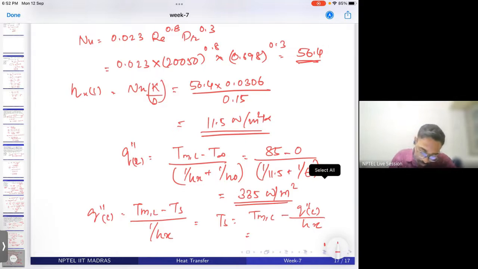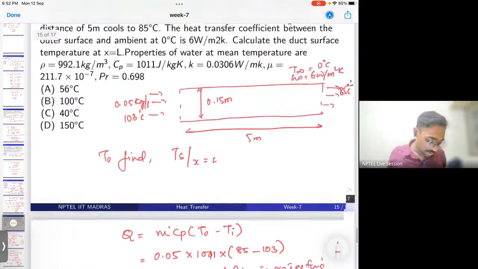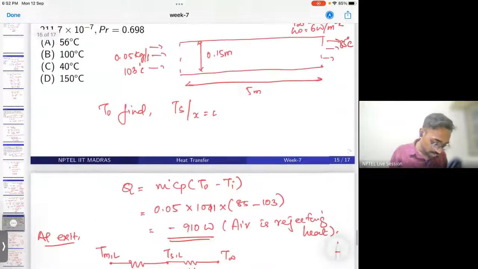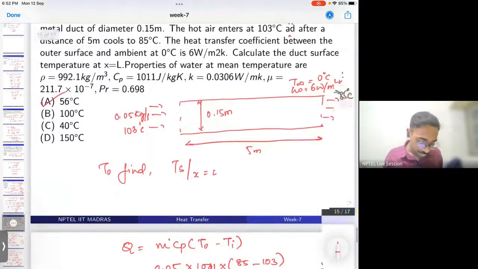So the surface temperature will come out to be around 55.87 degrees Celsius. So the closest answer is 56 degrees Celsius.